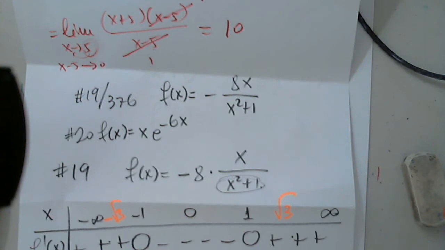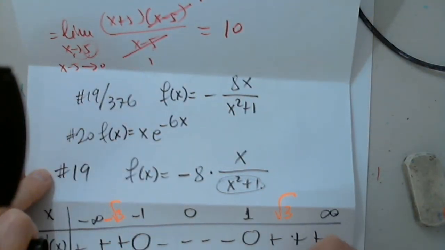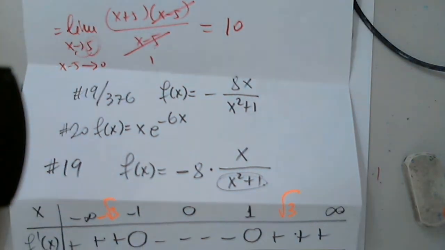Okay, so negative the square root of 3 and positive the square root of 3. As expected, so 3.5 and -3.5. I put them in my table.